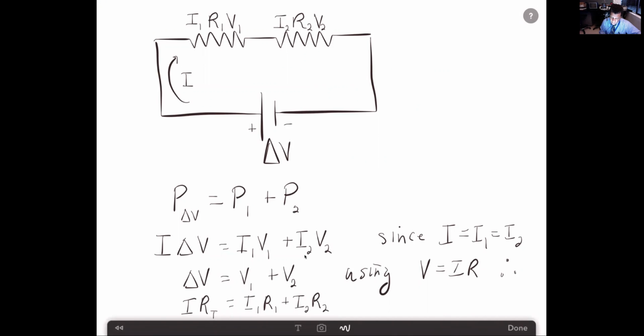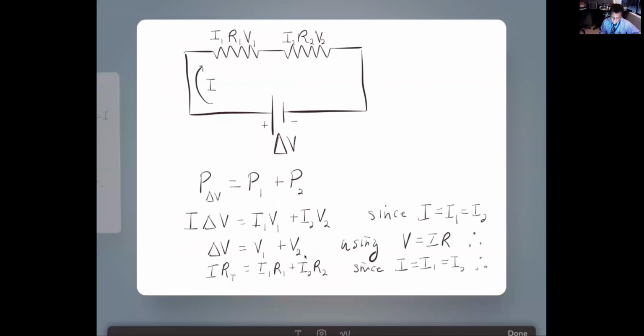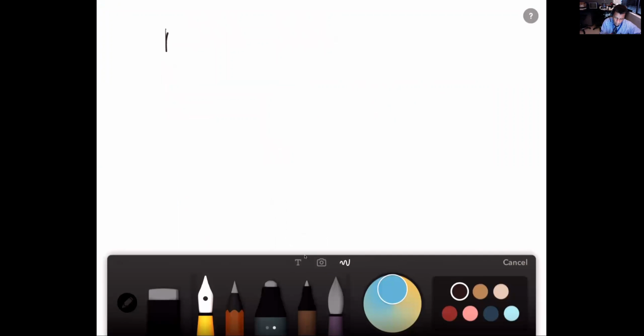So again, since I is equal to I1 is equal to I2 for a series circuit, we can therefore write the total R is equal to R1 plus R2. Okay?